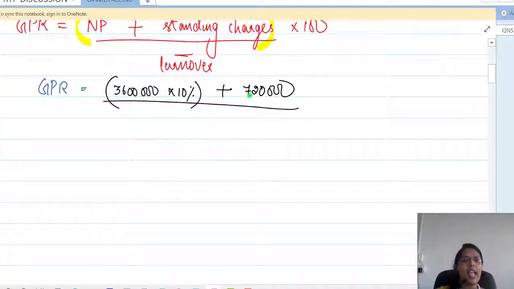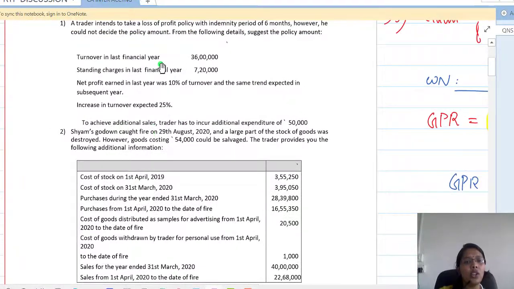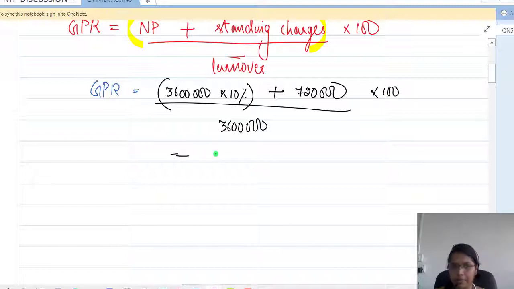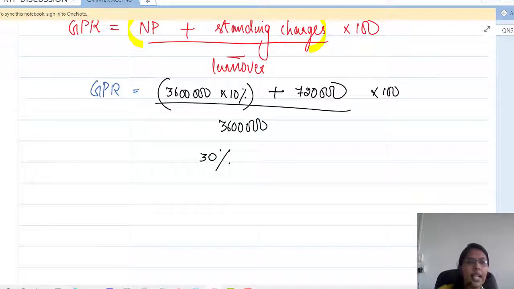So the entire standing charges of 7,20,000 get added, divided by turnover. What was the turnover in previous year? 36 lakhs. So 36 lakh into 100. So what is the GPR? 3,60,000 plus 7,20,000 divided by 36 lakh is going to be 30%. So we have arrived at a gross profit ratio of 30%.